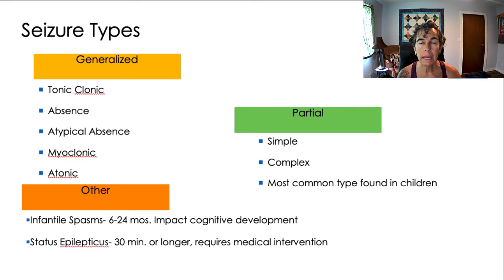The final type is status epilepticus, and this is a seizure that lasts 30 minutes or longer, and it requires medical intervention both to potentially stop the seizure activity and also to care for the child after they've had the episode. Status epilepticus can be very dangerous for a child, and it is most often treated with large amounts of medication. We'll get to treatment, but those are the three types: generalized, partial, and then these other two.